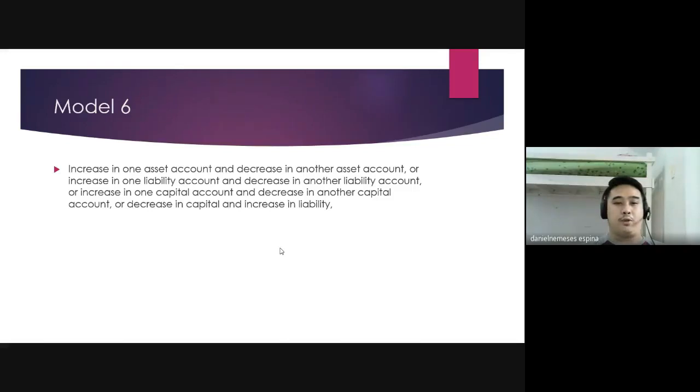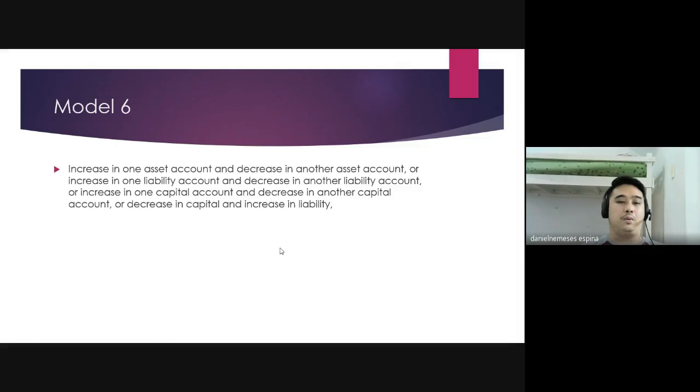Okay, so for example, there's a transfer from accounts payable to notes payable. So sa una, pag-borrow nimo wala tay promissory note, pero karon na may promissory note, so you transfer from accounts payable to notes payable. So increase in one capital, decrease in another capital account.